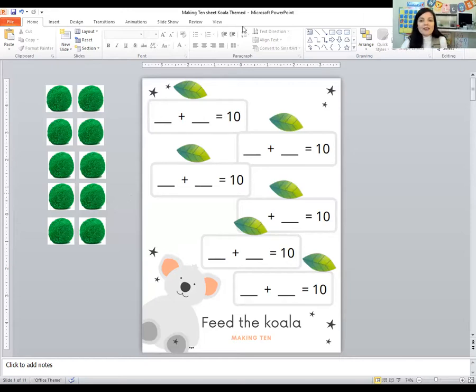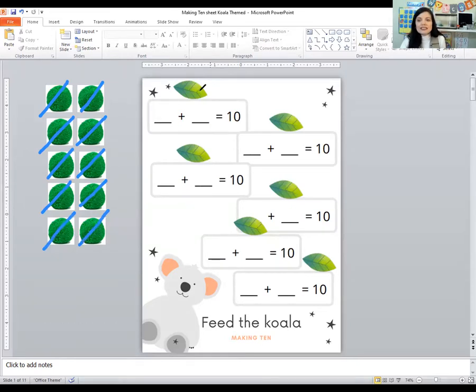So I have 10 pom-pom balls. Let's count them though to make sure that I do. 1, 2, 3, 4, 5, 6, 7, 8, 9, 10.